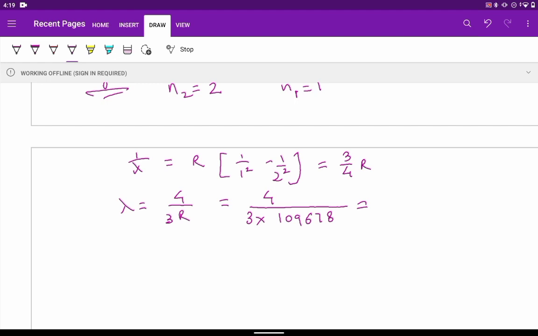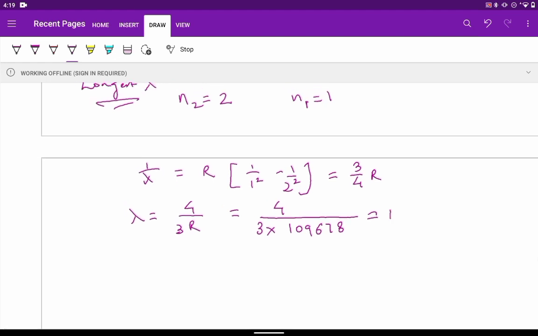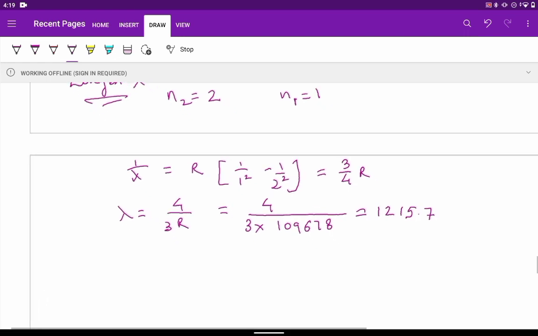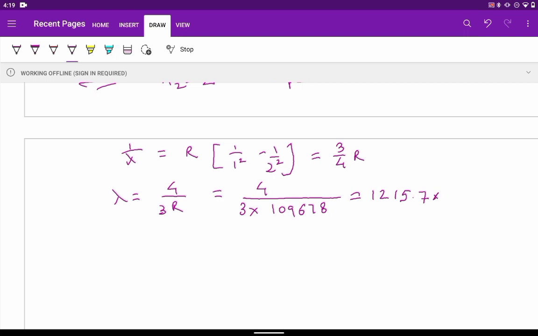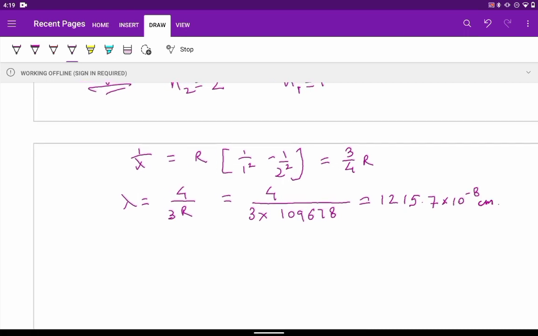In centimeters, it will be around 1215.7 into 10 to the power minus 8 centimeter.